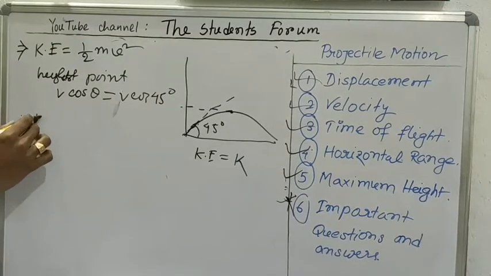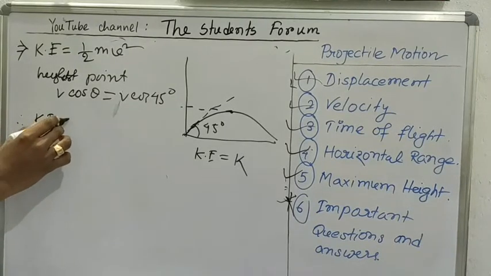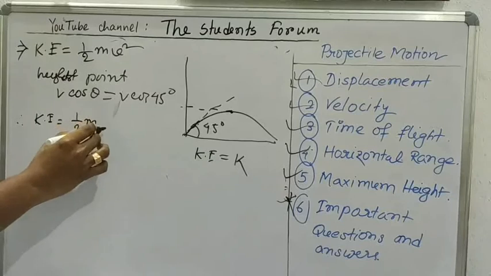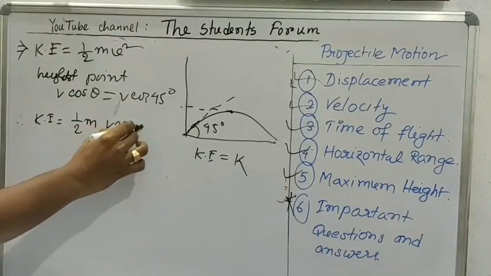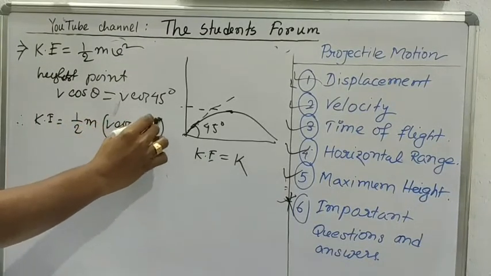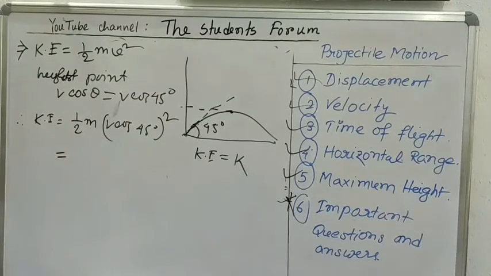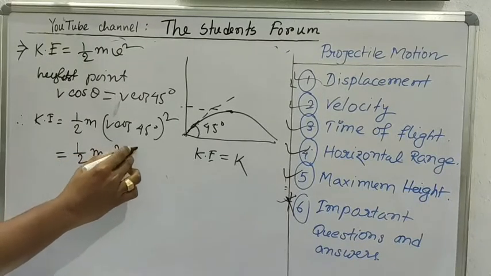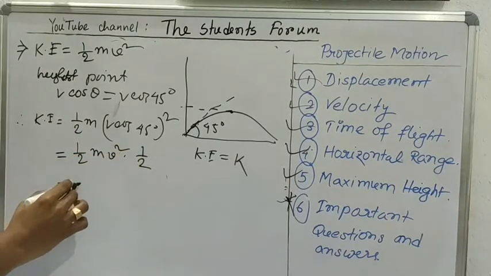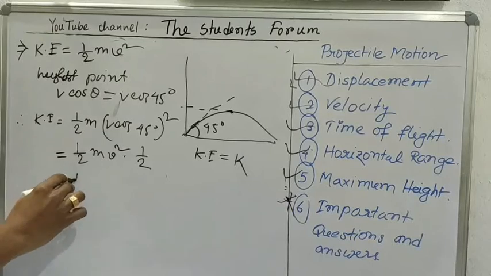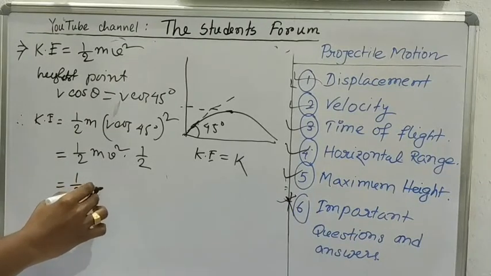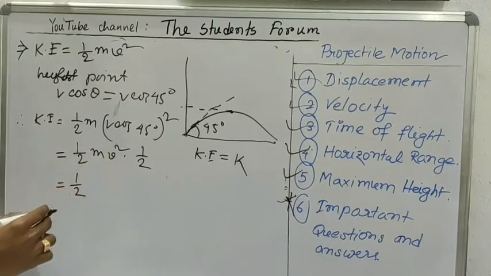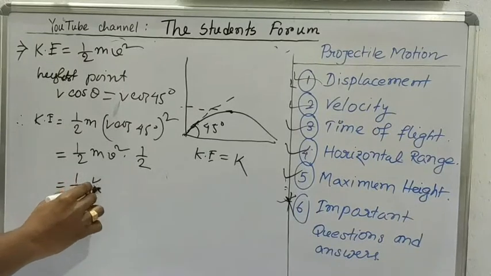Therefore the kinetic energy equals half m v cos 45 degree whole square. So half mv square into half, that means this is K by 2.